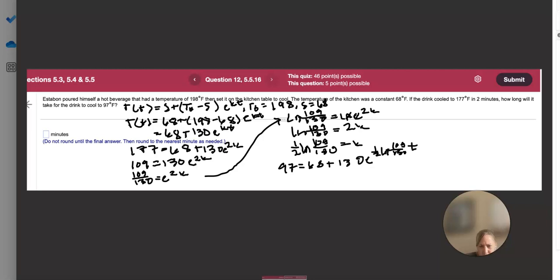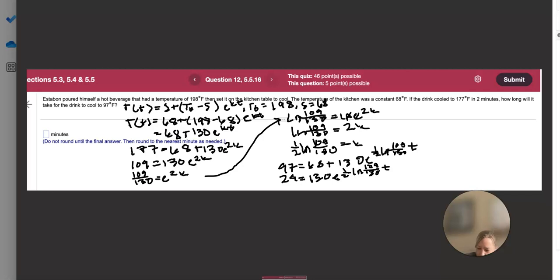Sorry, the handwriting's not great. It's kind of hard to read. Now we're trying to solve for t, for time. So we're going to subtract 68 from both sides. That gives us 29 equals 130 e to the 1 half ln of 109 over 130 t.